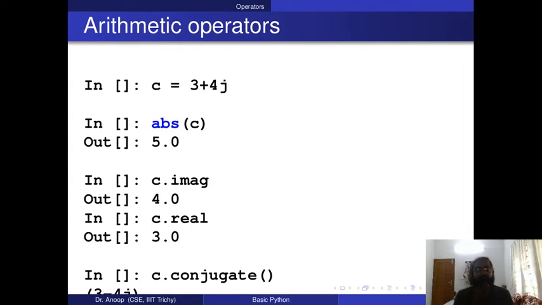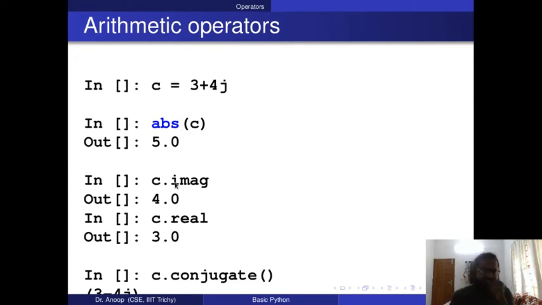And c dot conjugate is a function associated with the object c, or the complex has a method conjugate in it. That is what the correct usage would be. So I just introduced you to object oriented programming.